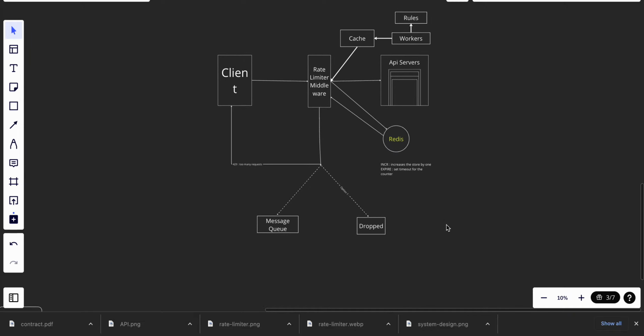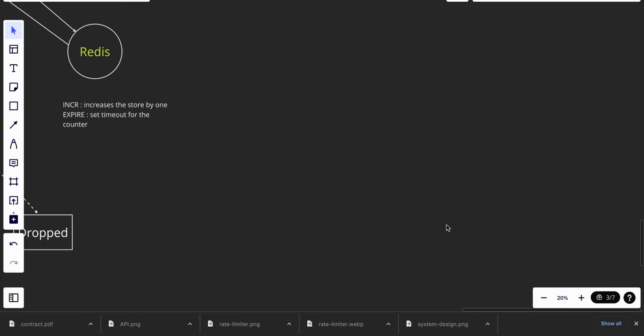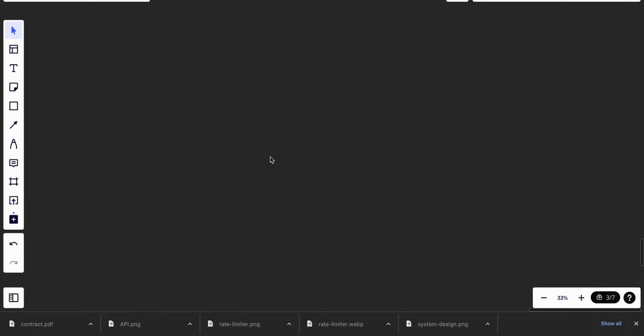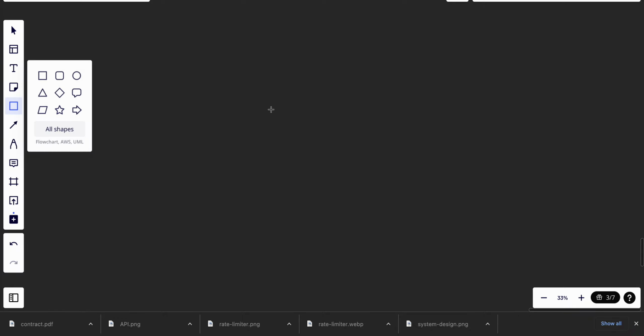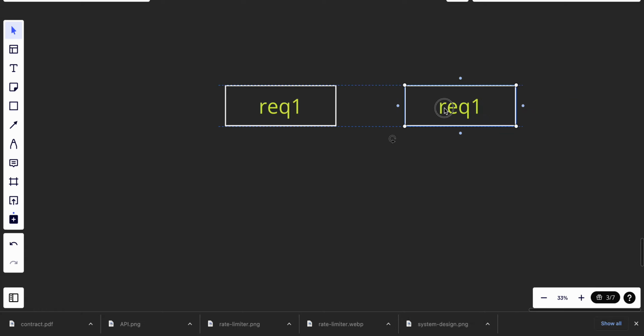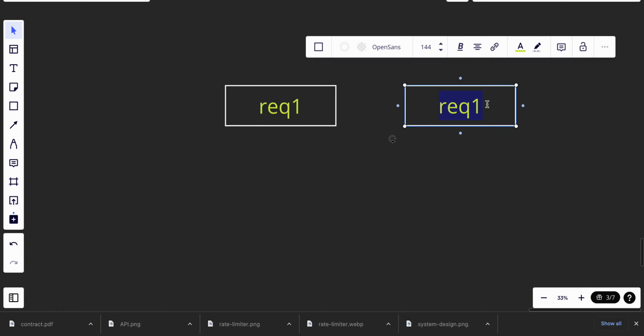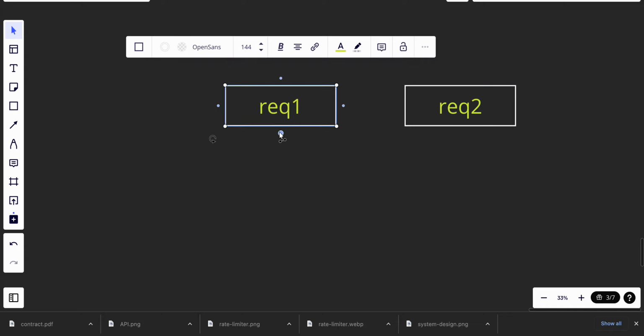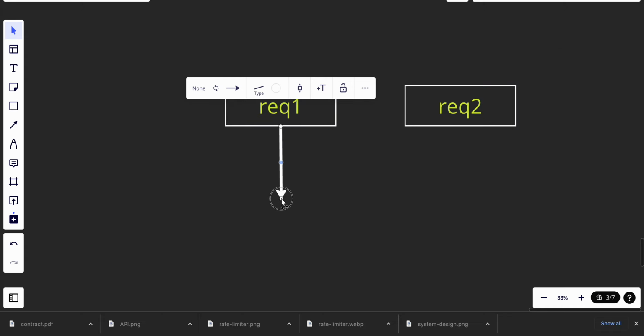Let's talk about the race condition here. The race condition is pretty straightforward: we could have request 1 and also request 2, and both of them make a request to the backend, and both of them increase the counter.